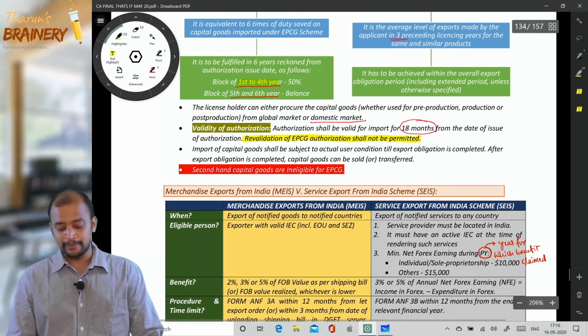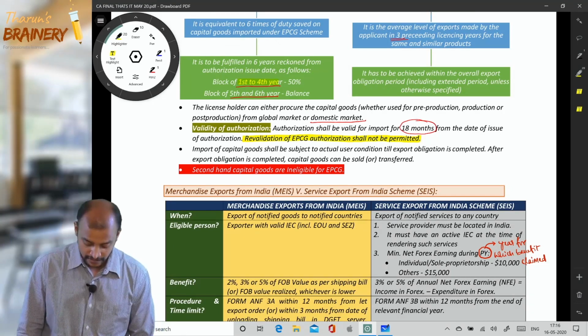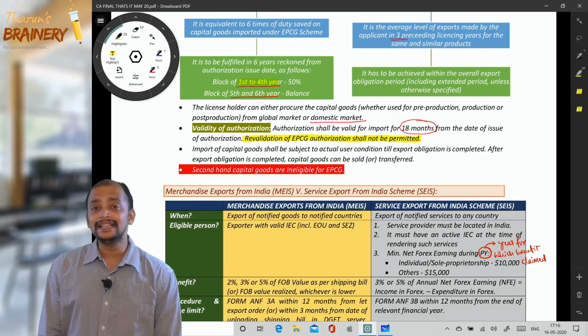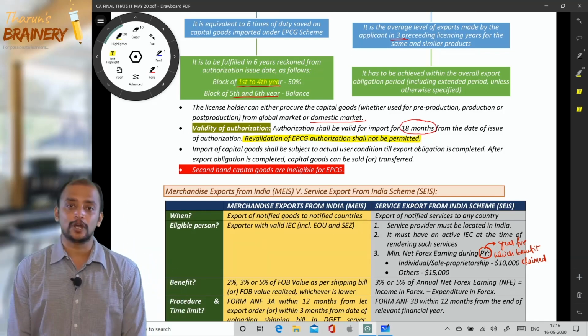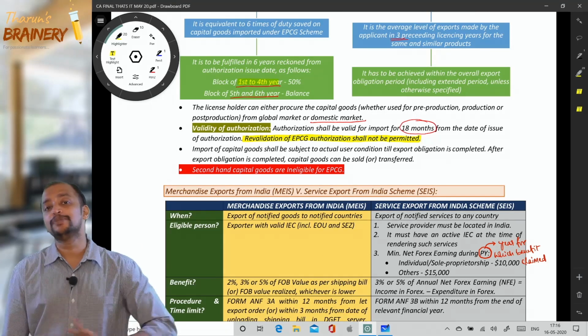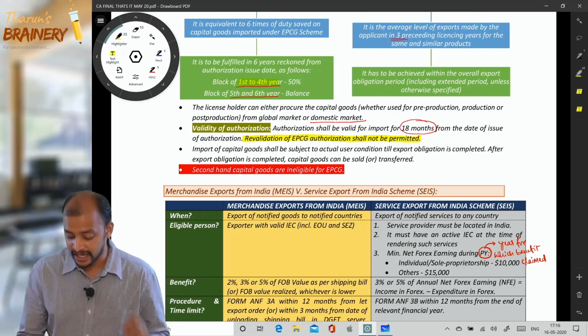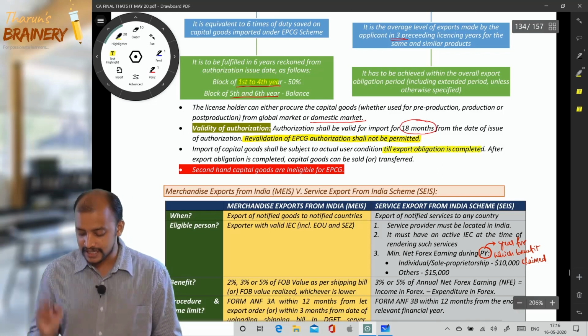Then import of capital goods shall be subject to actual user condition. What does it mean? Which means that until the time you fulfill the export obligation, whatever capital goods you have imported should not be sold in DTA. Subject to actual user condition when? Till export obligation is completed.